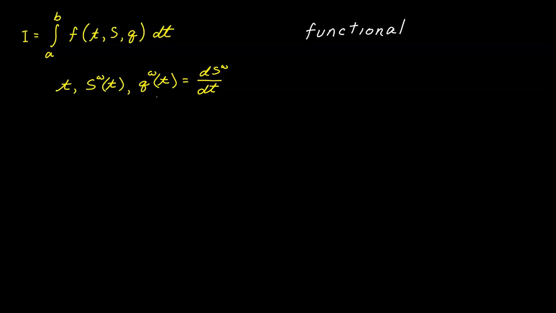Now, in the end, we evaluate this definite integral to produce a single numerical value. And the point of analyzing a functional is to determine which of the functions produces minimum or maximum values of I, or what we call extremal values. This is analogous to the idea of finding minimum and maximum values of a function.